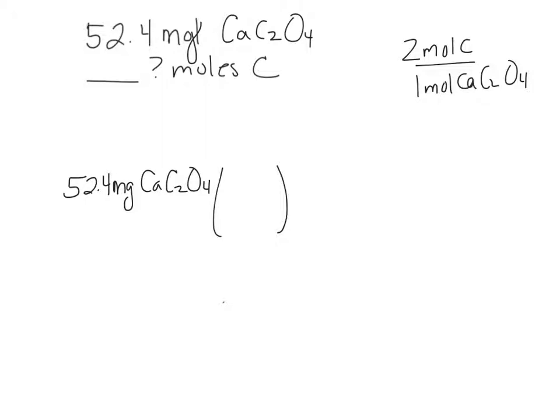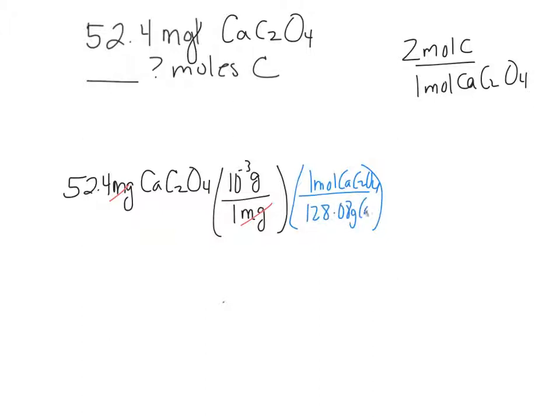So I'm going to say that 10 to the minus 3 grams is equal to 1 milligram. And now I have the right unit to do my molar mass. So now I'm going to multiply this by, I have grams on the top, I want to know moles, so I'm going to say 1 mole of calcium oxalate is equal to 128.08 grams of calcium oxalate.